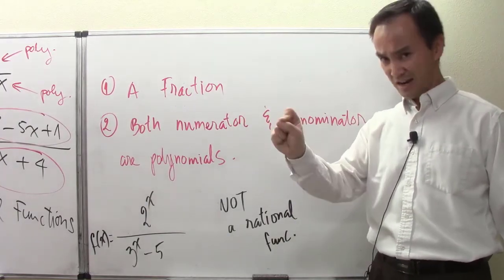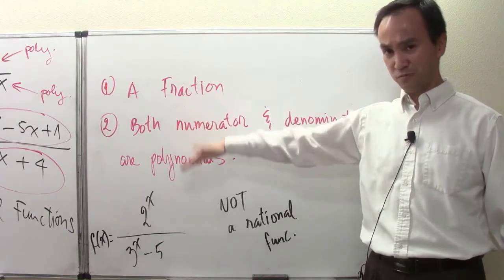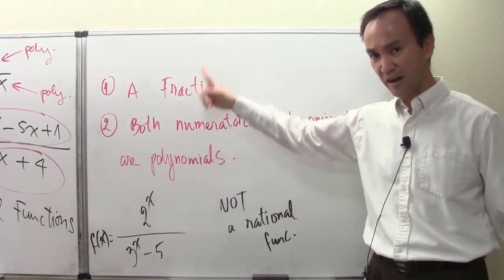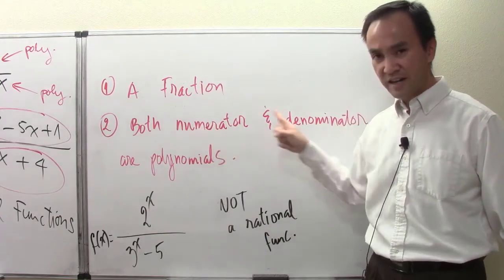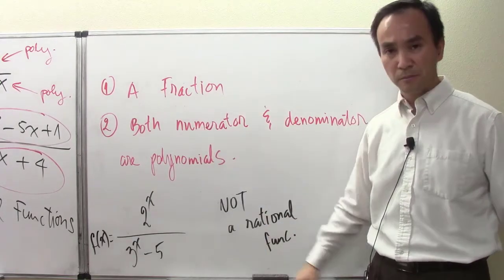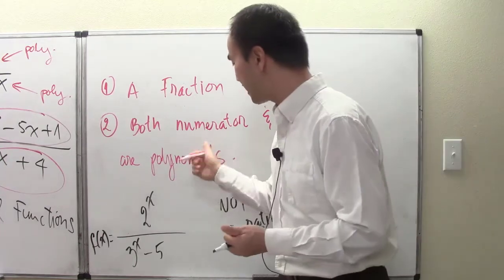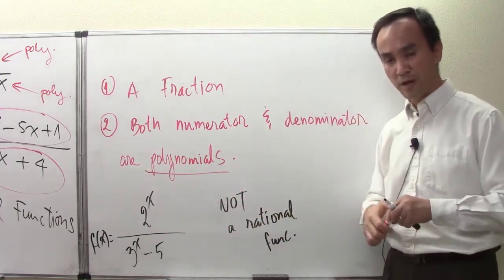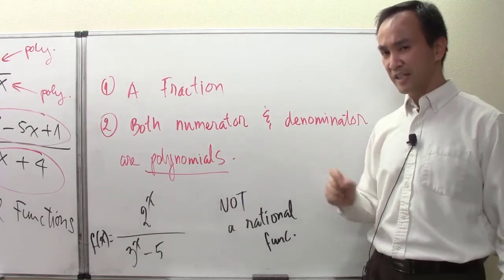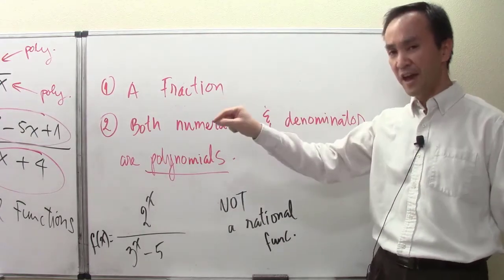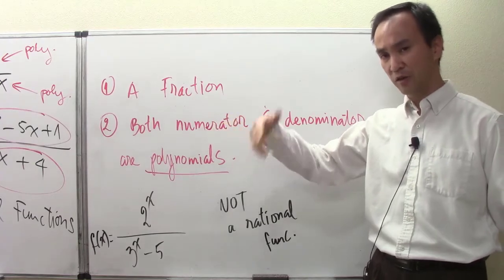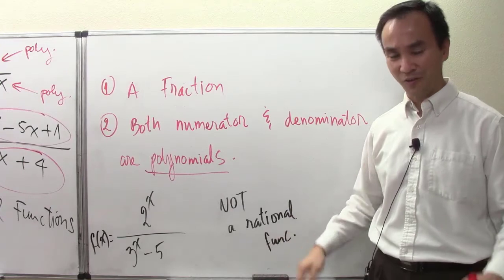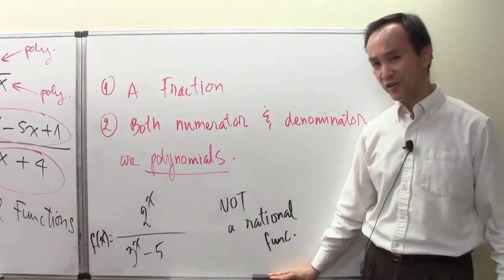But as a second requirement, as important as the first one, both numerator and denominator must be polynomials. Even in red ink, I still want to underline this. They both have to be polynomials. As long as any one of the two components fails to be a polynomial, your overall fraction, unfortunately, does not qualify to be a rational function.